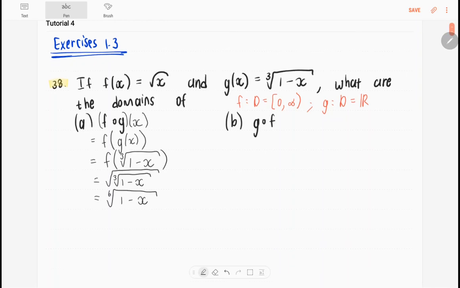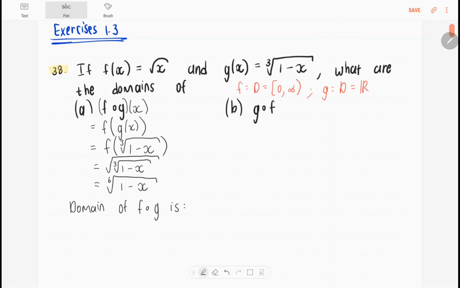So let's now find the domain. So the domain of f's composition with g is. So if we look at this step here, we know we can't take the square root of a negative number, right?